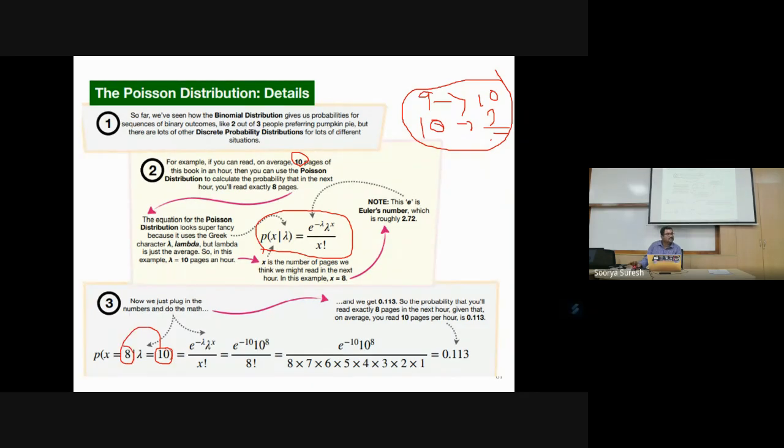It's called the Poisson distribution. The Poisson distribution has a formula. Wherever there is a formula, we check whether our problem can be mapped to that particular formula. In this scenario, this is the formula. If you substitute, this will be my problem, and finally we can get the probability.